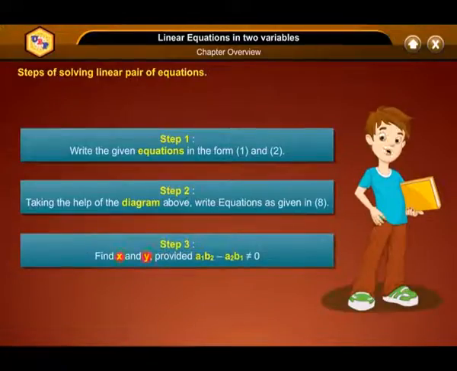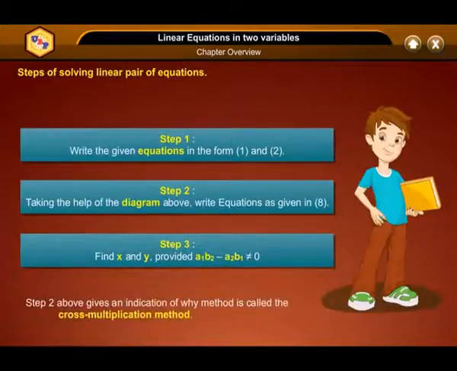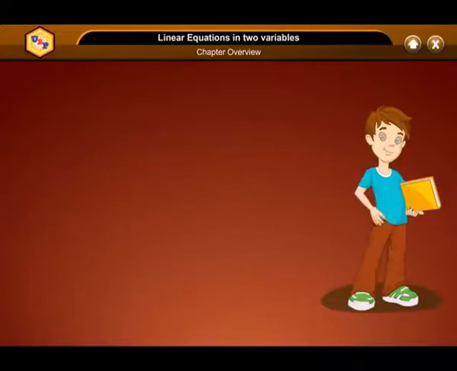Find x and y provided a1 b2 minus a2 b1 is not equal to 0. Step 2 above gives an indication of why the method is called the cross multiplication method. Let's work out some examples based on the cross multiplication method.